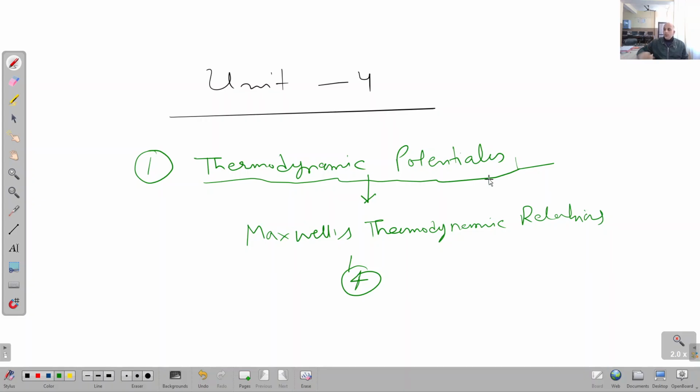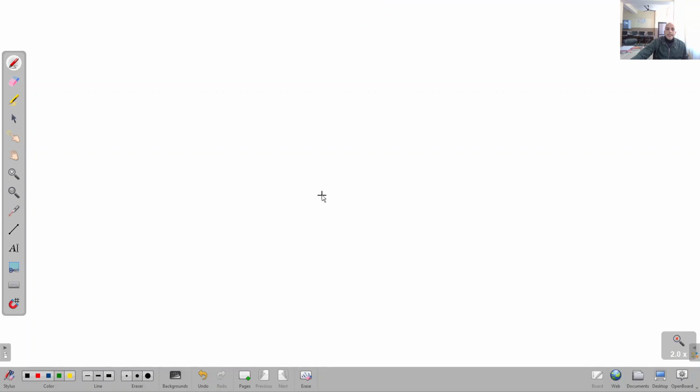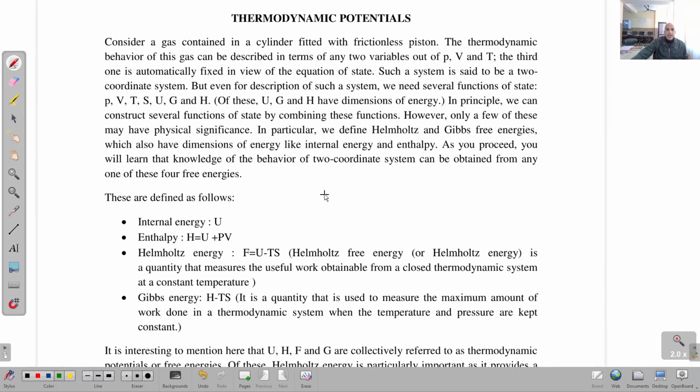You know very well, while we are dealing with a thermodynamic system, there are certain parameters which are very important for describing that system. For example, let's consider we have a cylinder fitted with a frictionless piston. Now the thermodynamic behavior of the gas contained in that cylinder can be described by the three prominent parameters, P, V, and T: pressure, volume, and temperature.